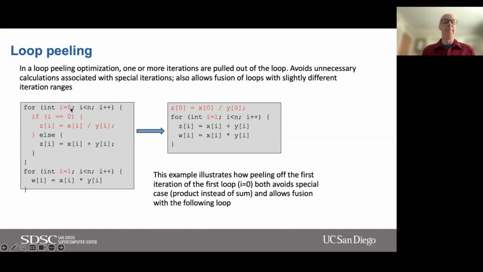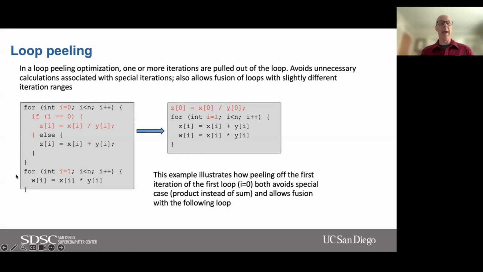We have iteration over index i. And inside that loop, I have one special case. If i is equal to 0, then z is going to be x divided by y. Otherwise, z is going to be x plus y. Again, this is a very, very contrived case. I simplified this for the presentation, but this is something that actually comes up a lot in real codes.